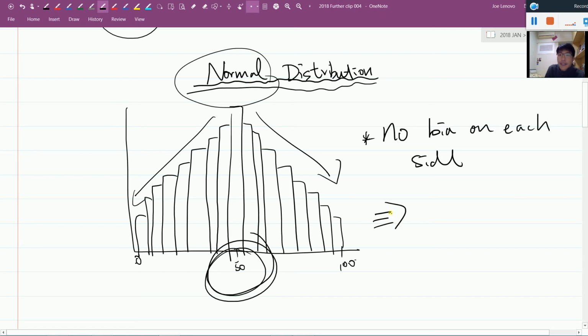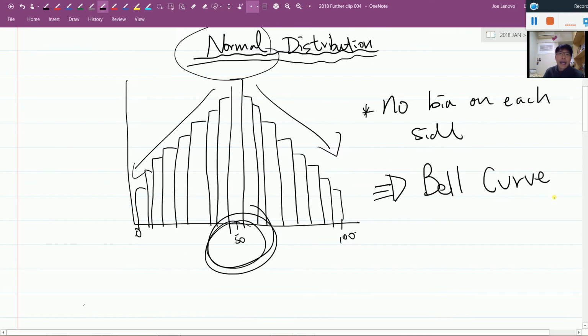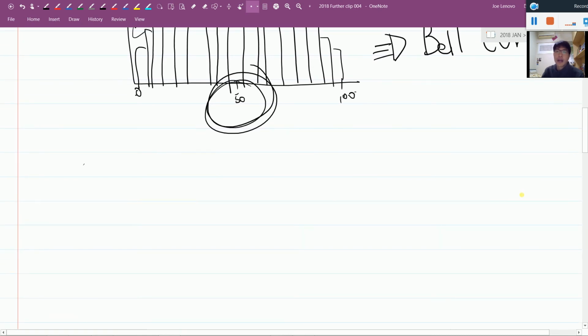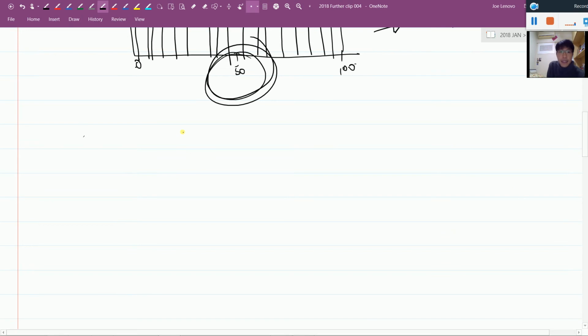The normal distribution has another name. People always call it a bell curve. A bell curve is not hard to understand: it's just like a bell. And you may ask me what kind of data will make a bell shape. There are a lot of examples.